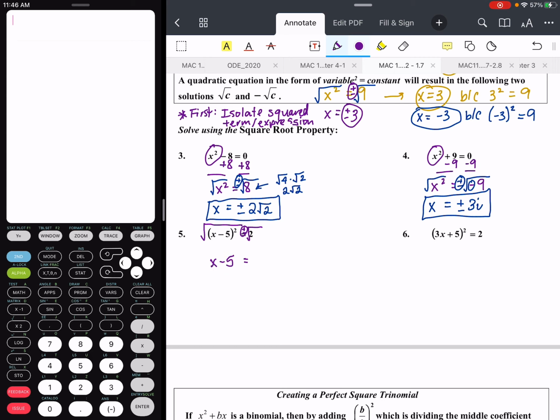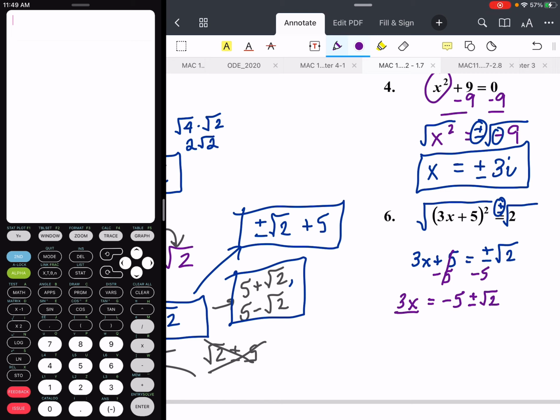So I'm going to subtract 5 from both sides. This gives me 3x equals negative 5, plus or minus square root of 2. And then finally, I want to divide the left side by 3, and I need to match that on the right side. So I end up with x equals negative 5 plus or minus the square root of 2, whole thing divided by 3.